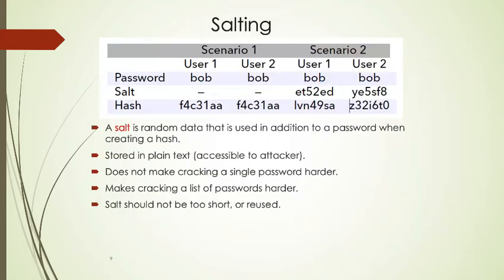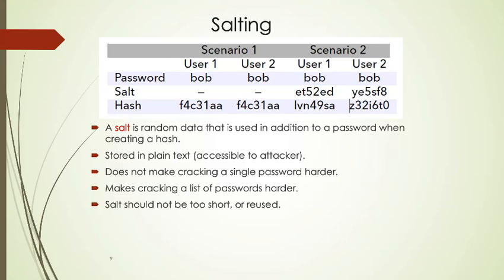One such way is salting. That is adding a salt or a randomly generated string to the passwords before hashing them. And it shouldn't be reused for every user. It should be randomly generated per user to be the most secure. It doesn't make cracking a single password any harder.